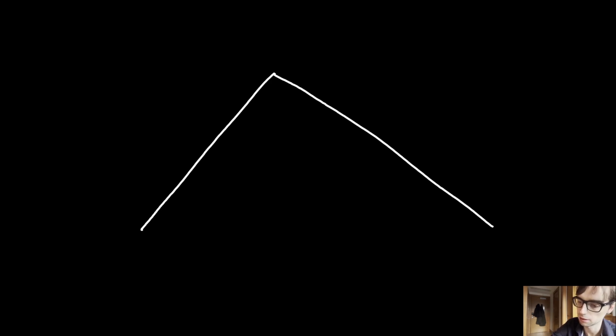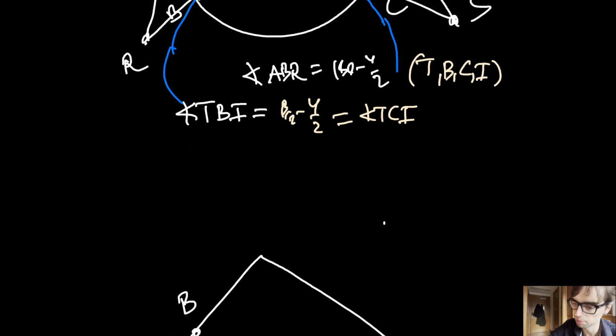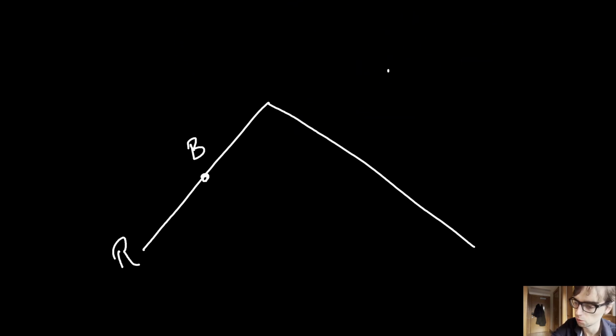We have B, the point R, S, and the point C. The other intersection is T, and we have some point I. What do we have if these are concyclic?